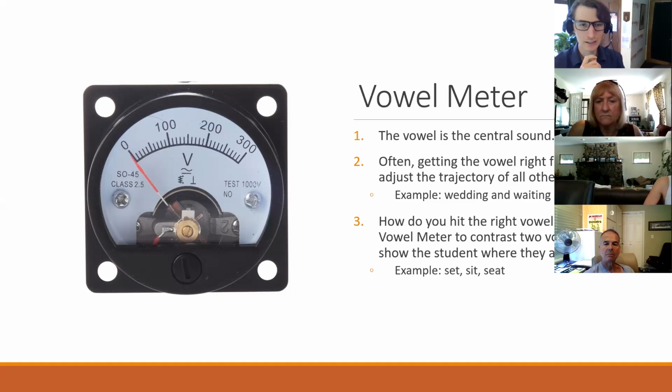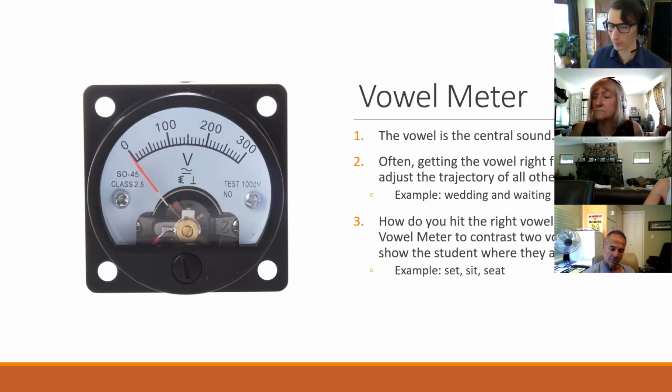So we have E in the center. If I start with the B sound, I have to make sure it goes over E. B. So it transitions immediately into the vowel. So the first element when you're teaching the pronunciation of a word to a student is to make sure that the vowel sound is precise. And this is where the vowel meter comes in.